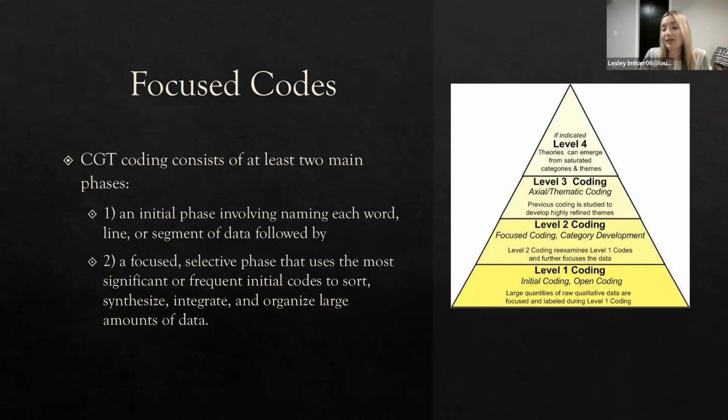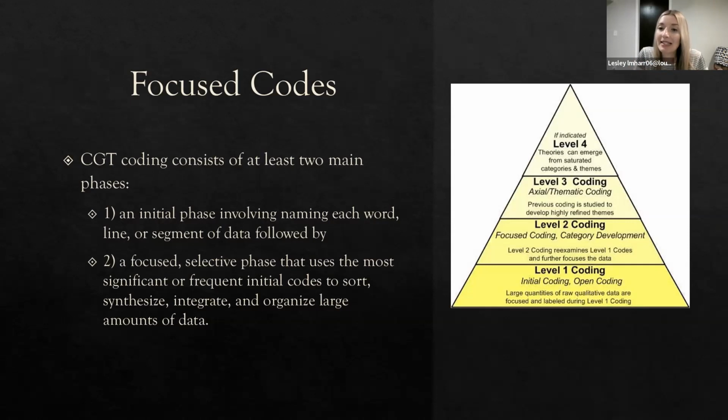So let's say we've developed a category, we want to understand how it connects to another category. That could be our axial coding. It's also defined here as the researcher looks at previous coding and studies it to develop highly refined themes. So this is more of our end stage analysis where we are refining our codes.